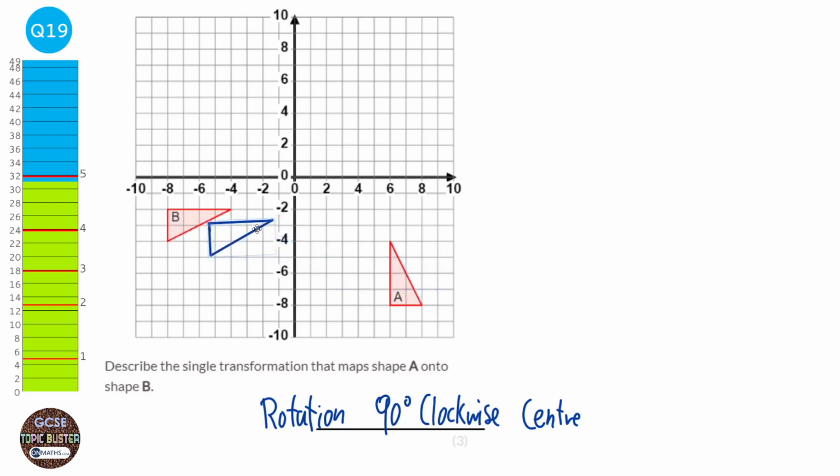So you want to end up with it looking like this on the tracing paper. And with a bit of trial and error, you'll realize that you can put your pencil here. So your pencil will go at 2, 2 to get from A to B. So our center of rotation is going to be 2, 2.